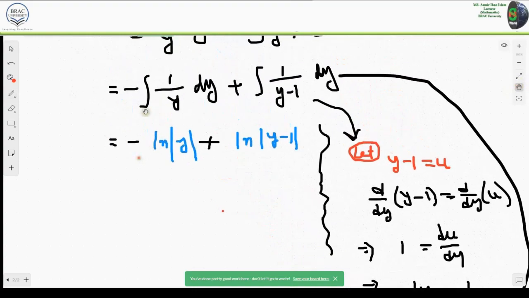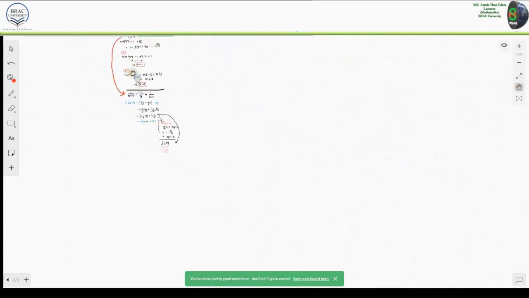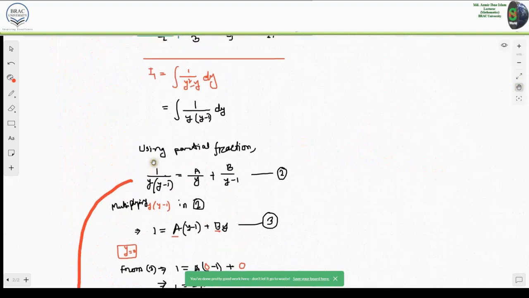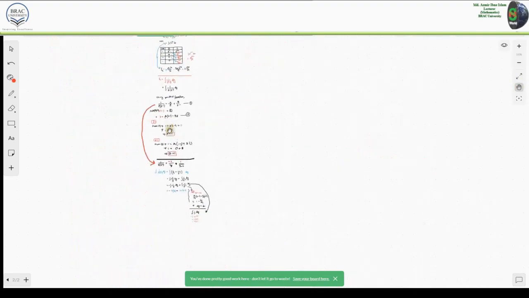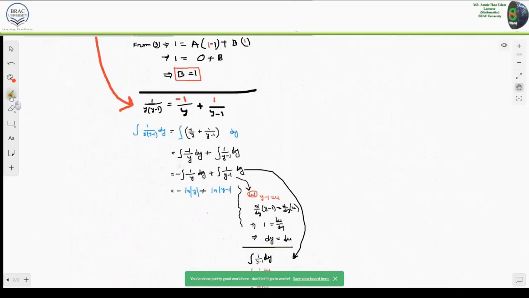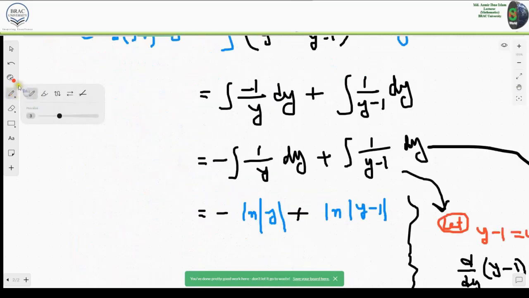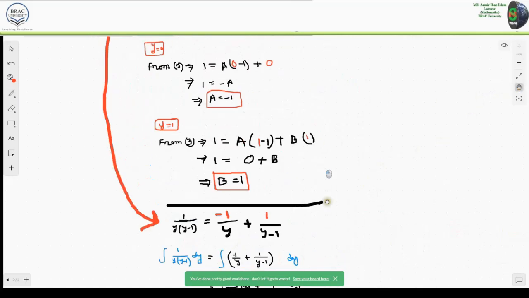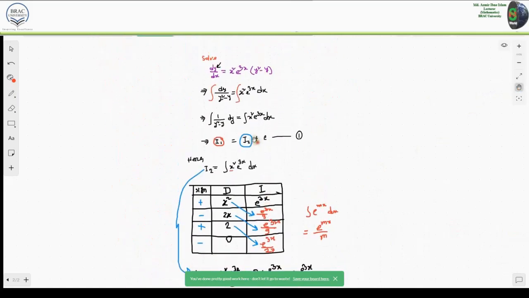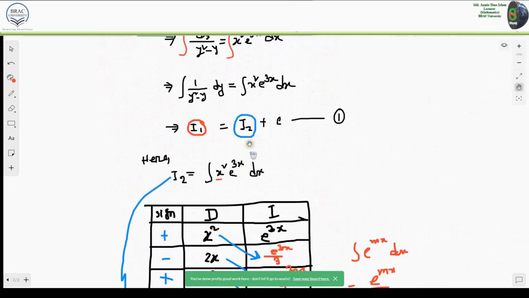So this is how I have found this result. Okay, so see, we have found also I1, and I1 and I2 have been found, so we can input I1 and I2 in equation 1. This is our I1. So in equation 1 we can replace I1 and I2.